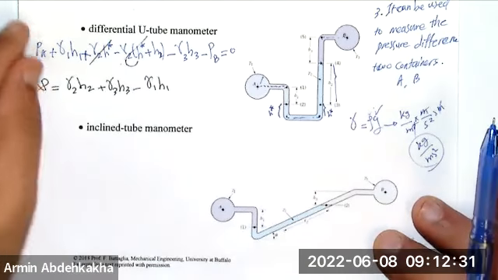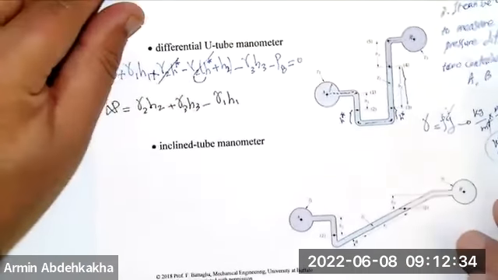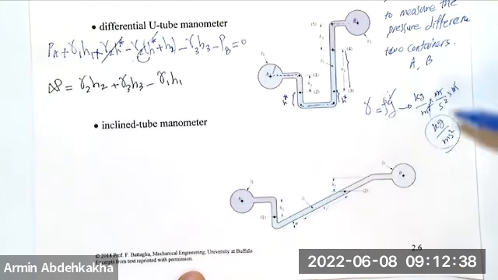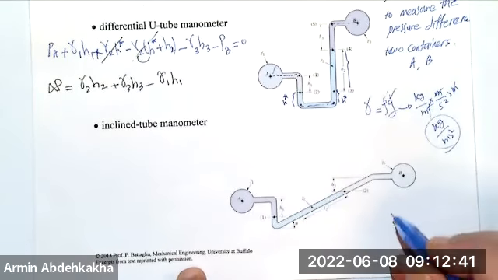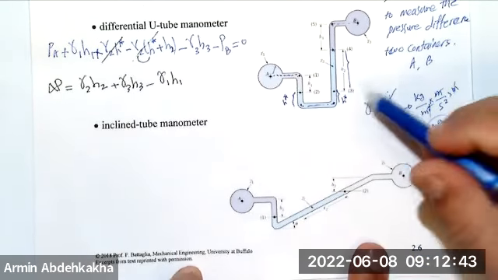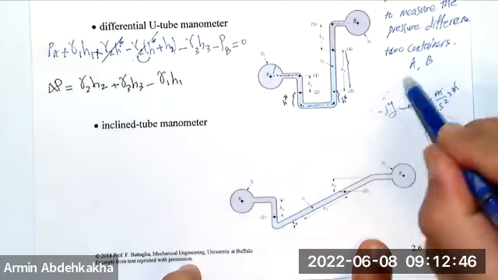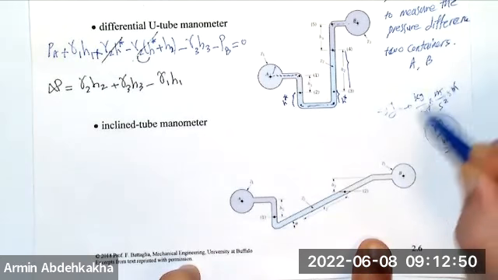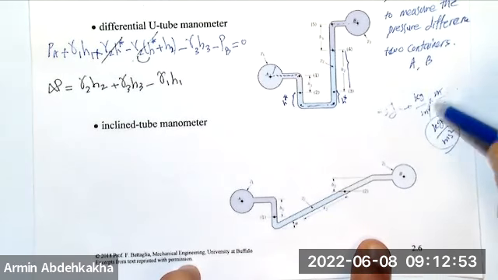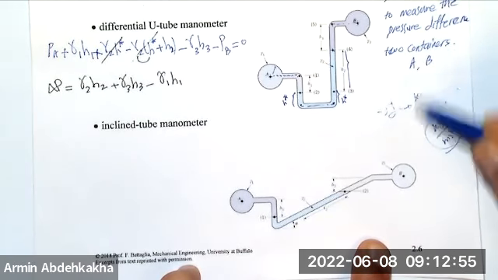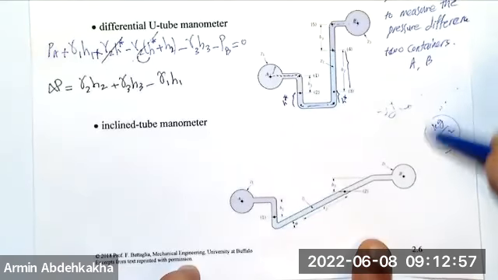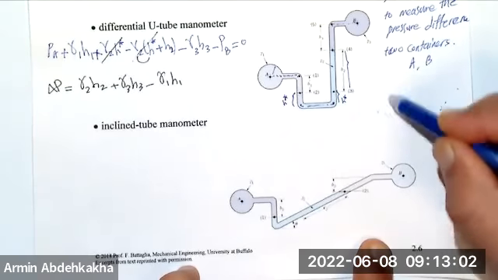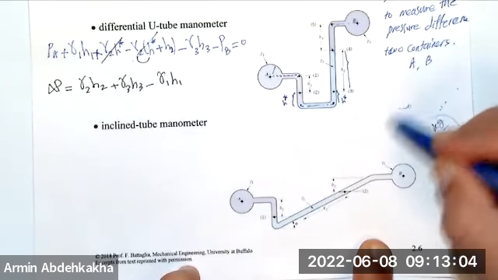Okay, let's talk about the inclined tube manometer. So when you have an inclined tube manometer, what's the point? The main advantage is that the small pressure changes between point A and B are going to be detected by the manometer. Why? Because the detection of a manometer depends on the height difference, right?